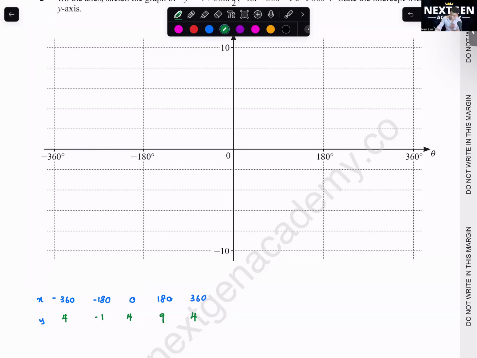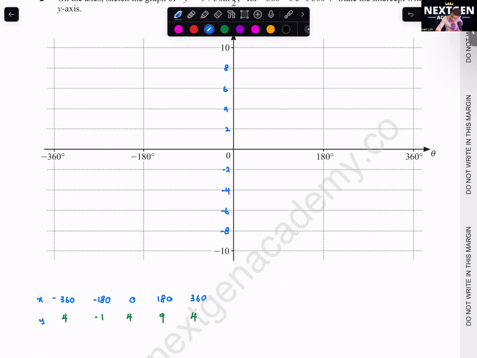So let's see what the scale is. 2, 4, 6, 8, 10. So here I just label down here: 2, 4, 6, 8, 10, negative 2, negative 4, negative 6, negative 8.